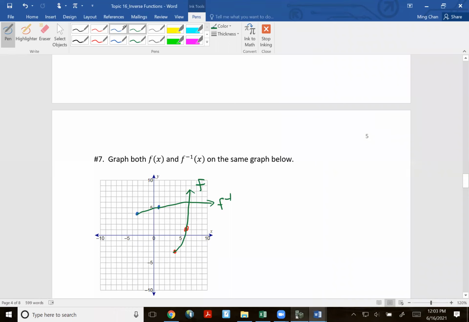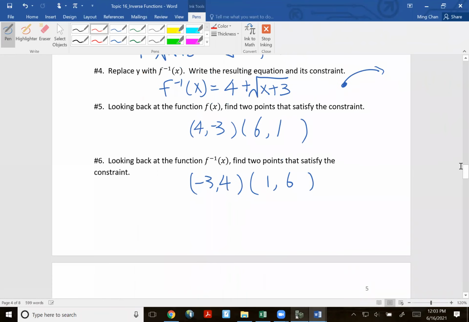All right, if you don't mind, I'm going to write some points here. This point at the very right here has got to be (4, -3). So the interchange between these two points means this point right here is (-3, 4). So it's very important that you actually find the very bottom of that parabola. I knew that because of the shift.